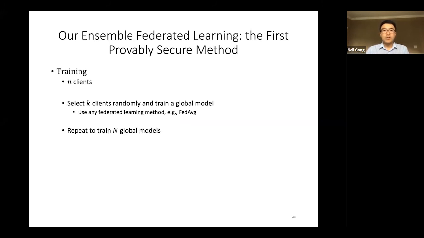We repeat this operation to train n global models. Given a test input X, we use each of these n global models to predict its label. So we have n predicted labels in total. Then we take a majority vote among the n predicted labels as the final predicted label for X.